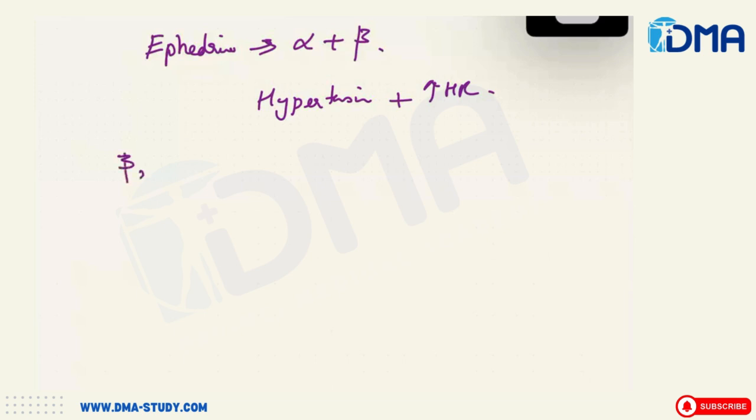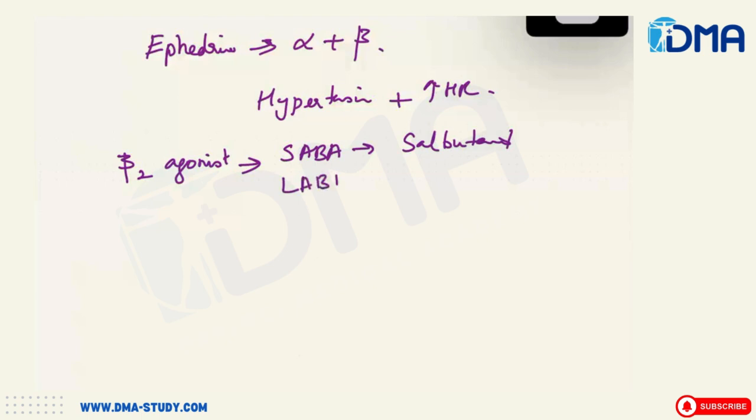Then beta 2 agonist. You have short acting and long acting ones. Short acting beta agonists are used in the treatment of bronchial asthma, of course, salbutamol. Long acting example is salmeterol.